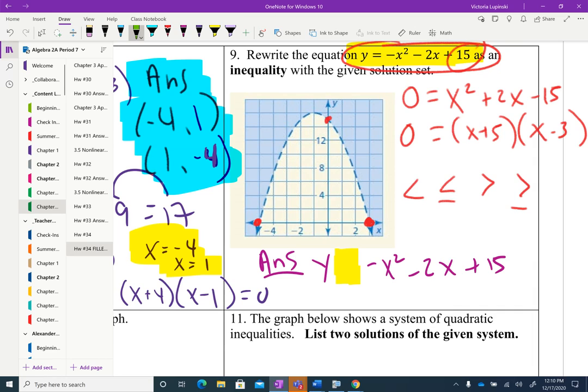No. So not this one and not this one. If you were a person standing on the graph, see how the shading would be above your head. If the shading is above, do you think I should choose the less than or the greater than? Greater would be correct. And that's what I'm looking for.